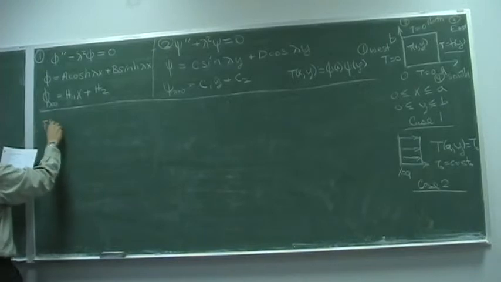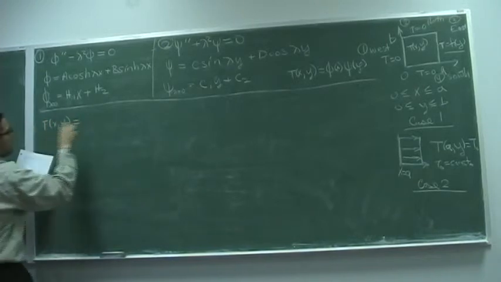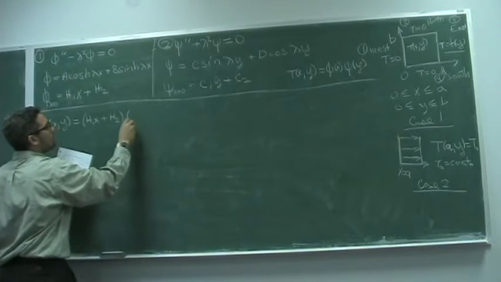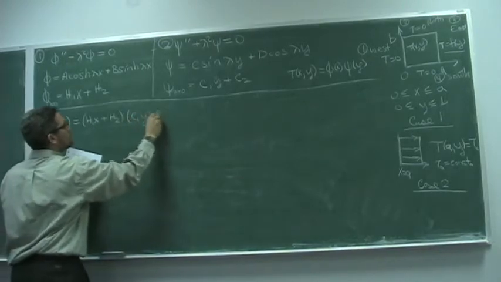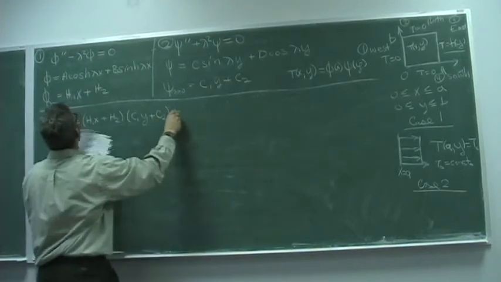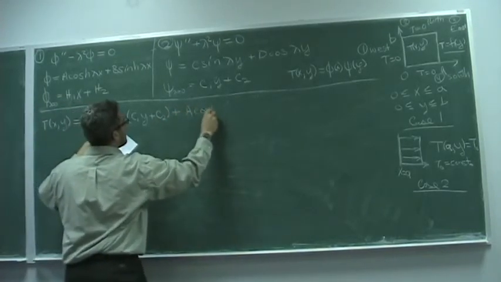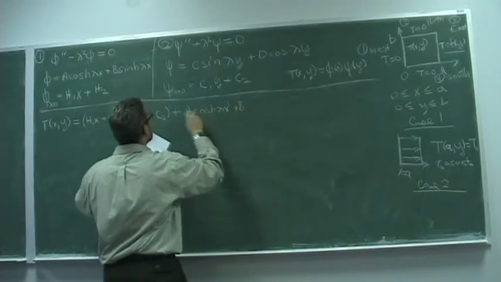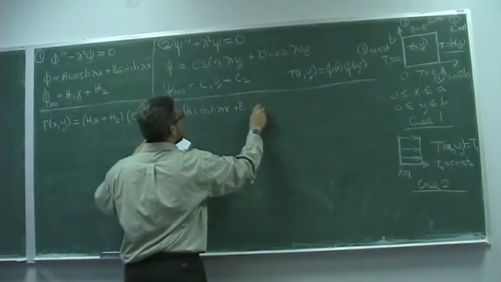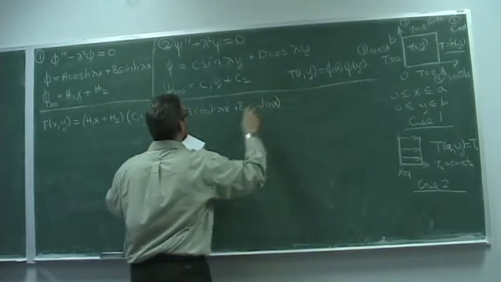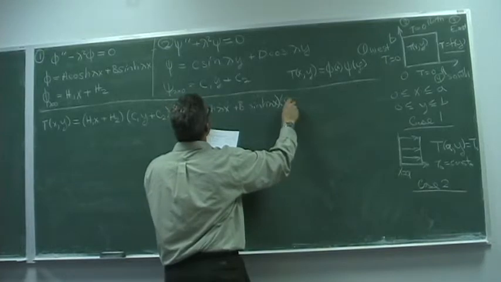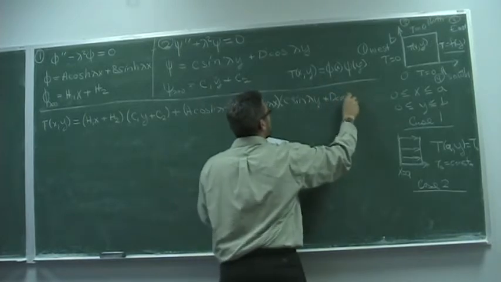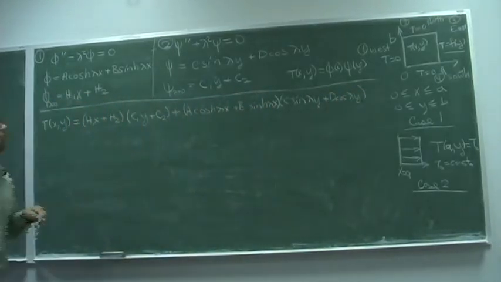So T of x and y is going to equal (h1 x plus h2) times (c1 y plus c2), plus a cosine hyperbolic lambda x plus b sine hyperbolic lambda x, times c sine lambda y plus d cosine lambda y. Okay, so there's our total solution now.